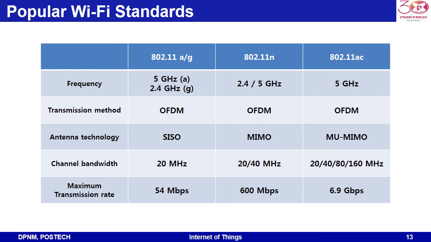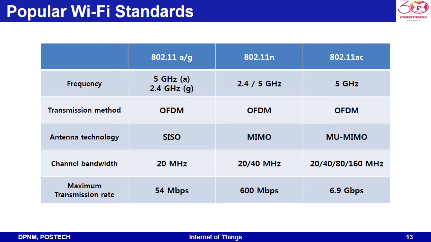The antennas are divided into SISO and MIMO, depending on whether one antenna or multiple antennas are used. Therefore, if the device has more antennas, it will be able to send data a further distance, and the data transmission speed will get faster.